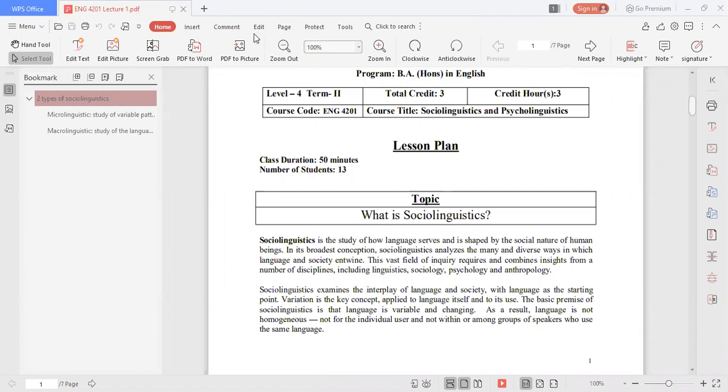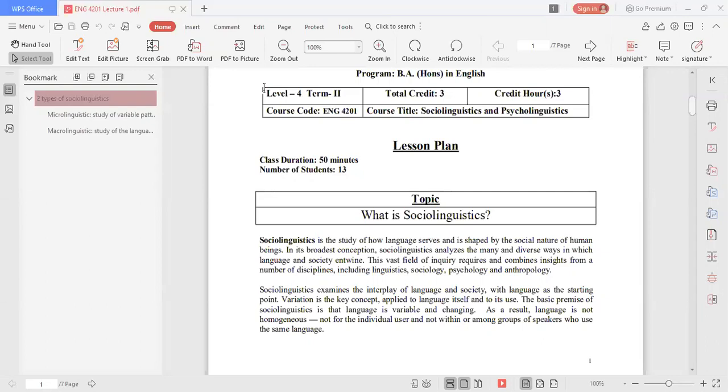So social linguistics has a multidisciplinary approach, depending for its perspectives and analysis on other disciplines like linguistics, sociology, psychology, and anthropology.